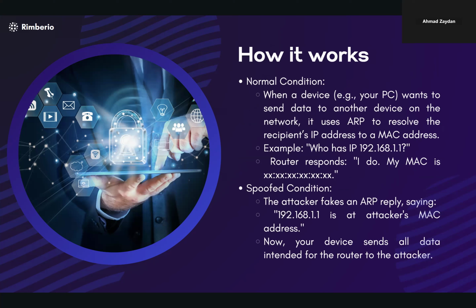For example, it will broadcast who has the IP 192.168.1.1, and the router will respond with "I do, my MAC is," etc. In spoof conditions, though, the attacker fakes an ARP reply saying the IP is at the attacker's MAC address. Now, your device sends all data intended for the router to the attacker instead.